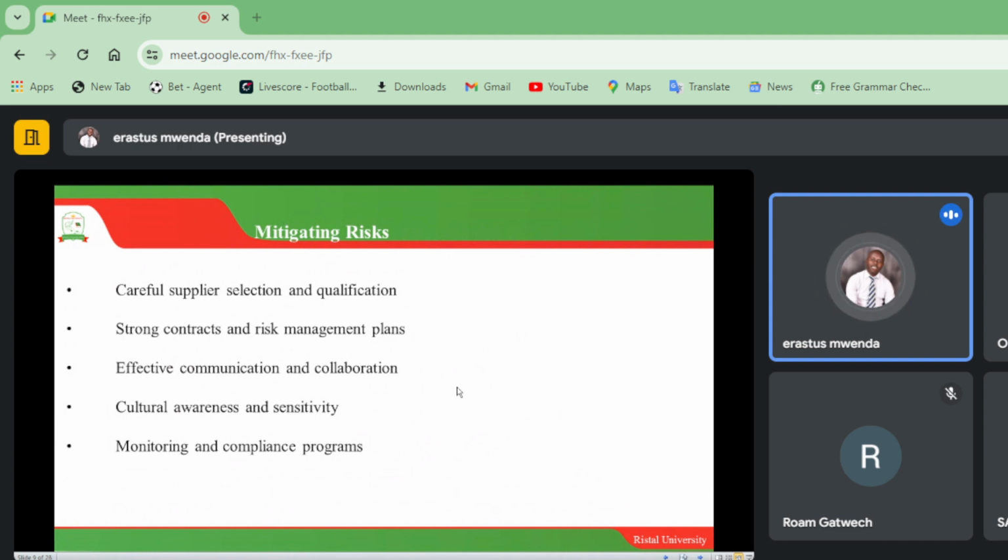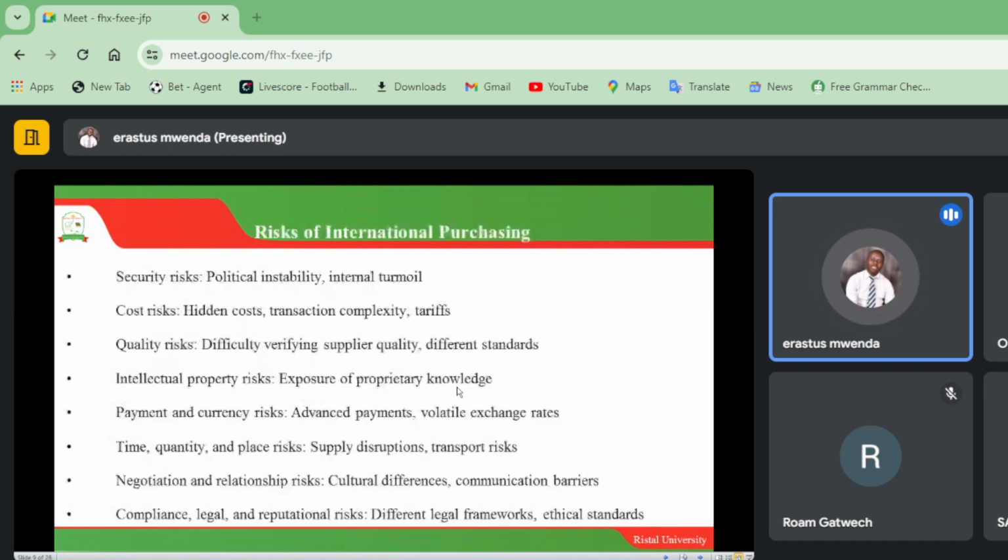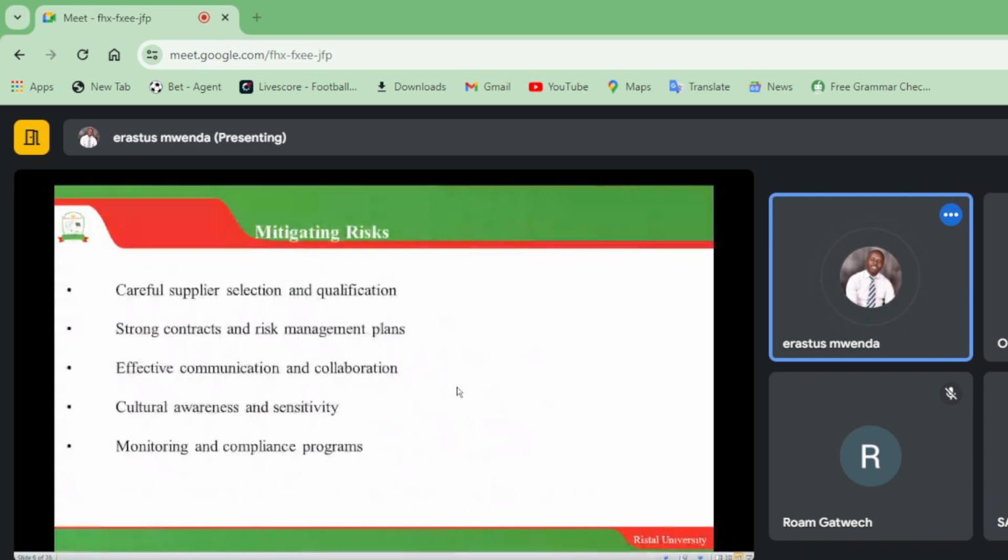And then for us to deal with what we have just called negotiation and relationship risks, where we have talked about communication barriers, we need to ensure that there is effective communication and collaboration, and also cultural awareness and sensitivity.